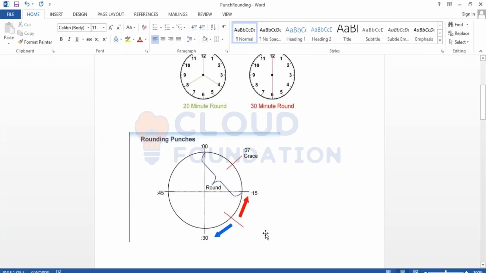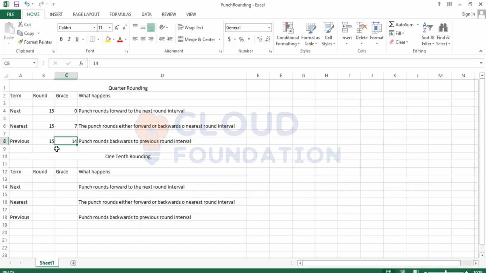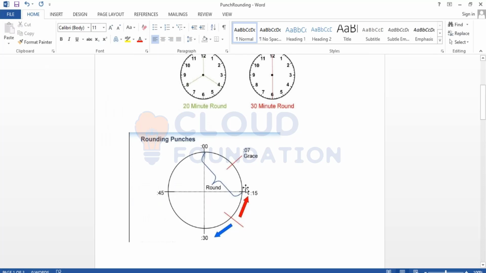In this case, our grace is 1 less than the round, and it always goes back. So my grace in previous would be 14, and it will always go back.